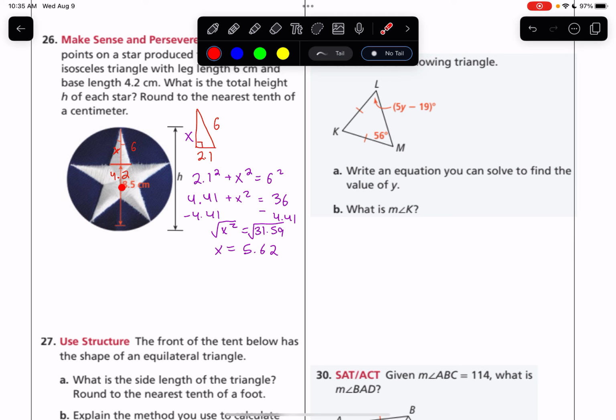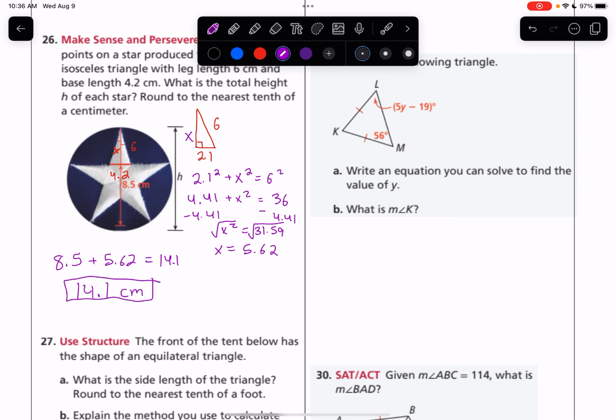And the remaining height in this star is 8.5. So all I need to do is 8.5 plus 5.62, and that is going to give me 14.1. So my answer is 14.1 centimeters, rounded to the nearest tenth. So make sure that that's what you did.